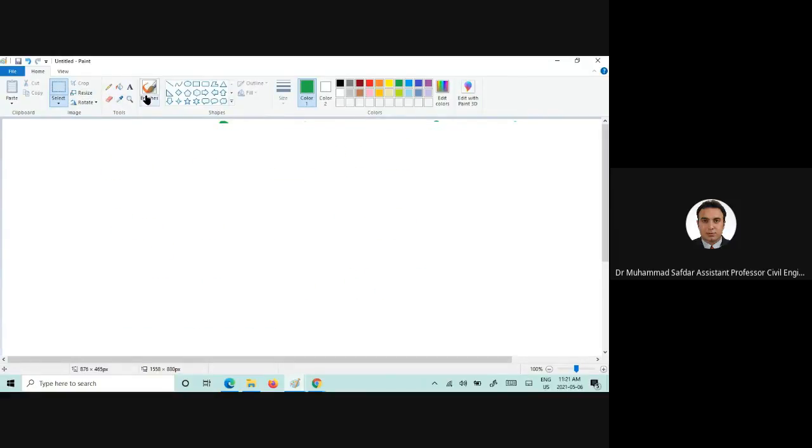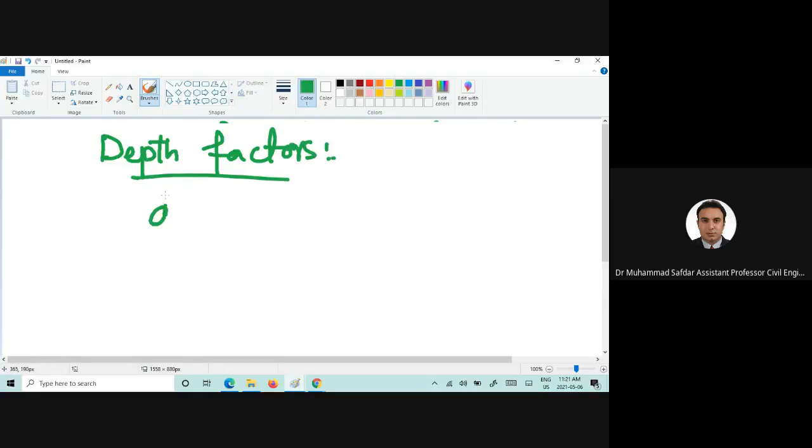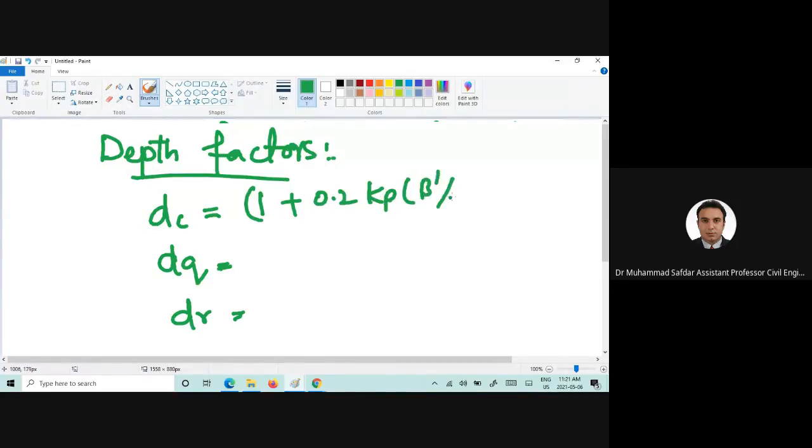Now we will move towards finding the depth factors, Dc, Dq, and D gamma. And we already know the equation here, 0.2 Kp B prime divided by L prime.